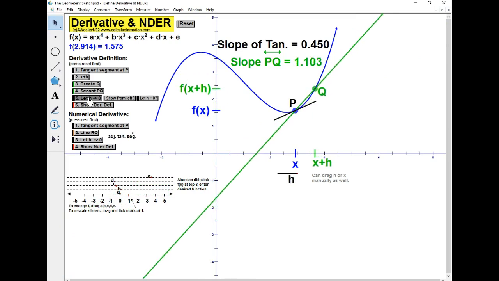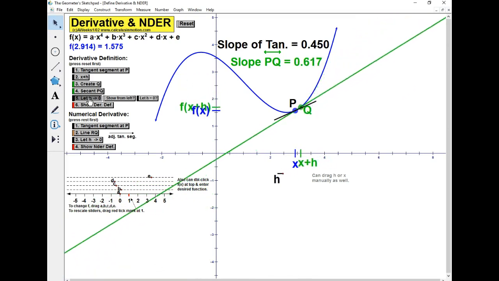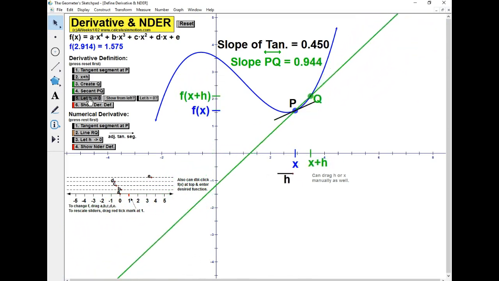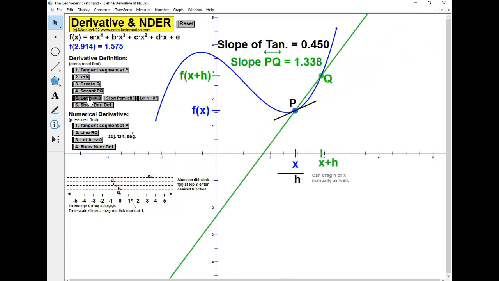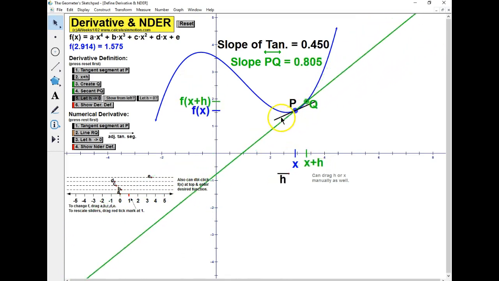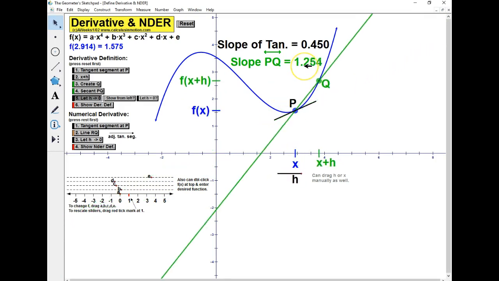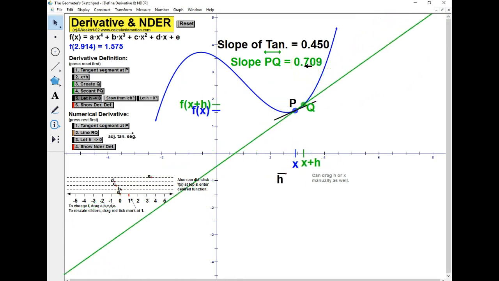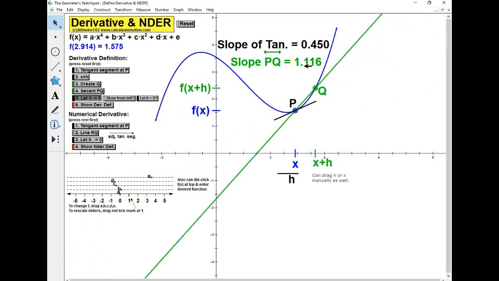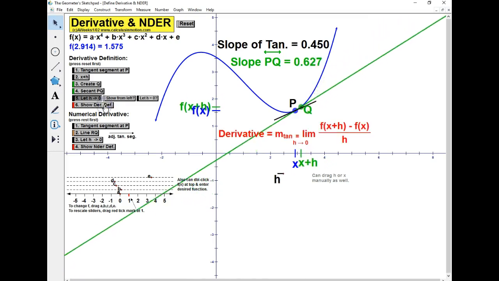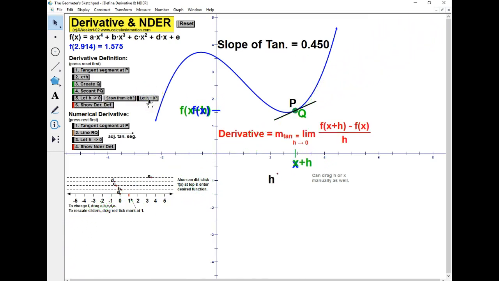And when we get h to go to 0, remember, it doesn't become 0, but it moves towards 0. As we get really close, you watch that tangent line slope become 0.450. That is why, of course, we let h go to 0, and we get a perfect match.